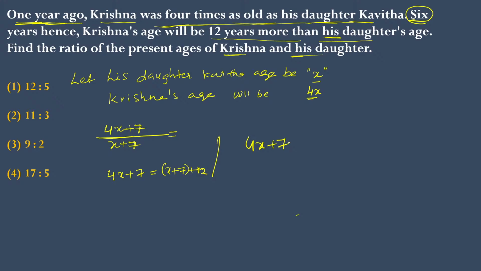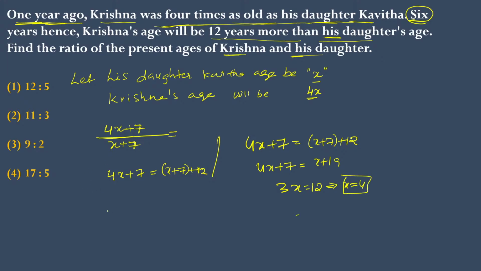So, 4x plus 7 is equal to x plus 19. By simplification, 3x is equal to 12, so x is equal to 4.